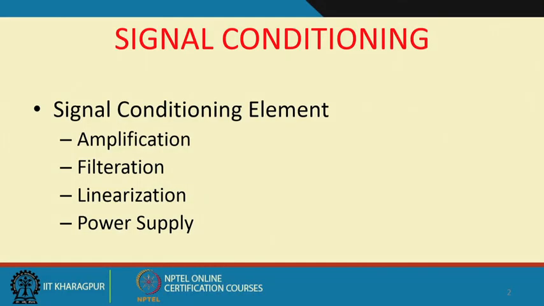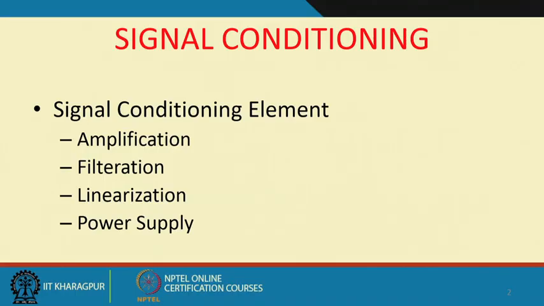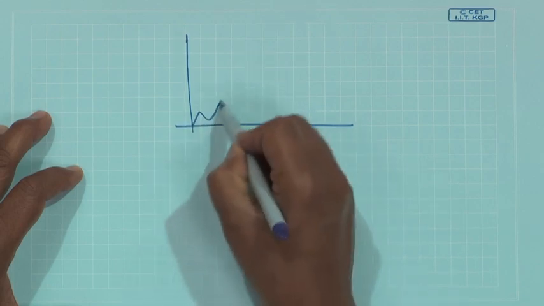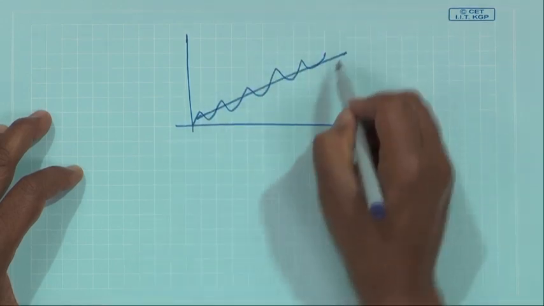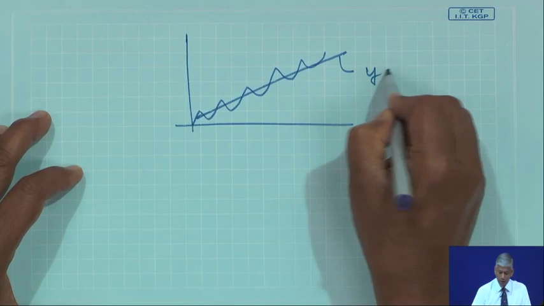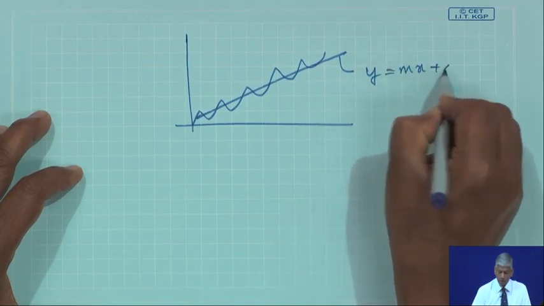Another important aspect of signal conditioning is signal linearization, and this could be done through a DSP. I can fit a curve y is equal to mx plus c.